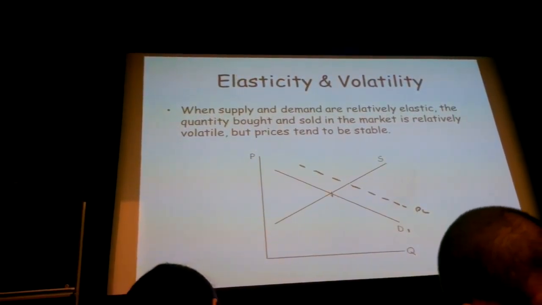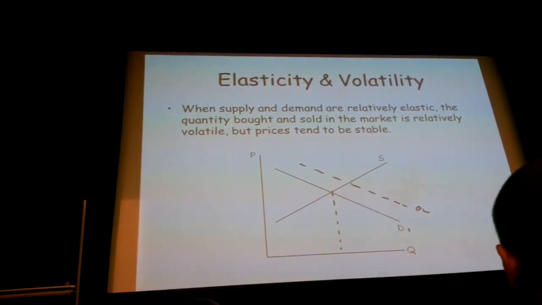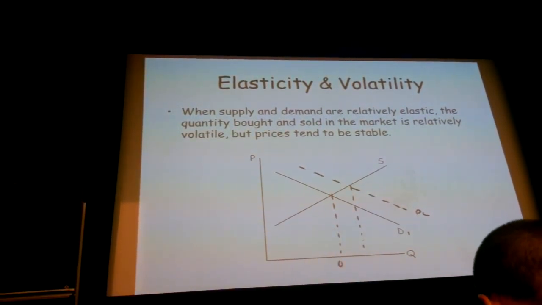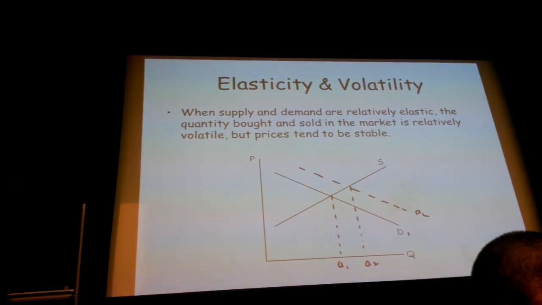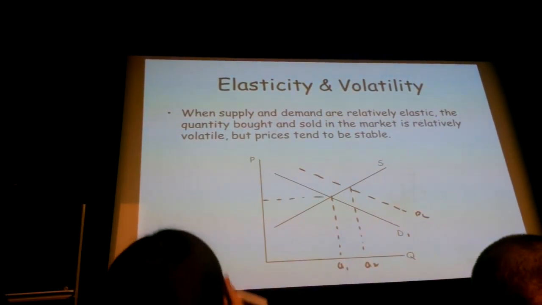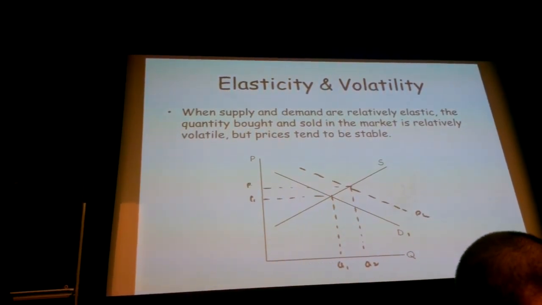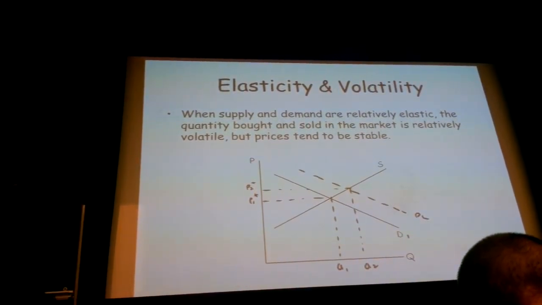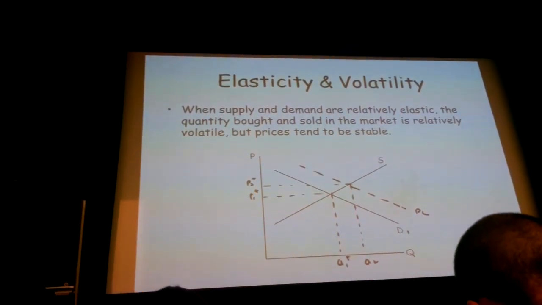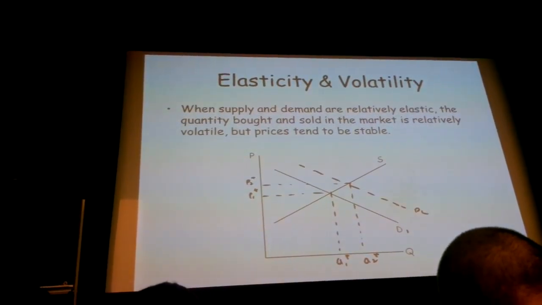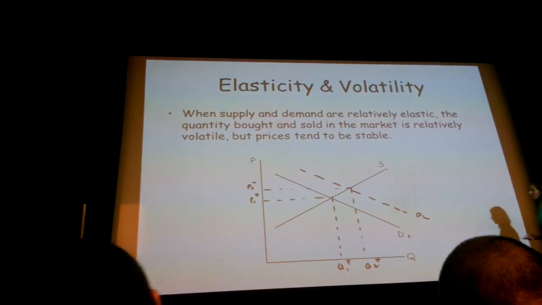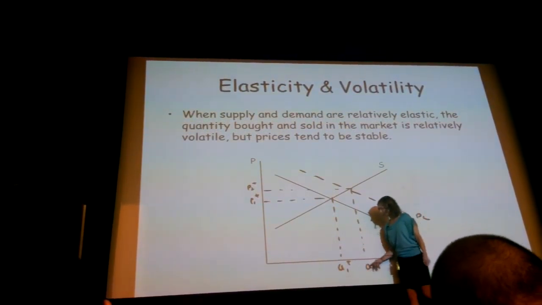Now we have a relatively large increase in the equilibrium quantity, but a relatively small change in price. So again, when supply and demand are relatively elastic, the quantity bought and sold in the market tends to be relatively volatile, but prices tend to be stable.